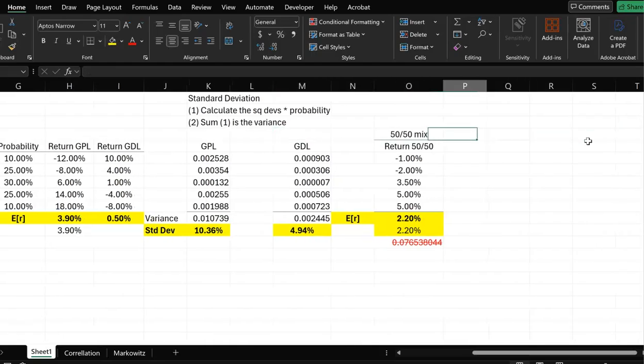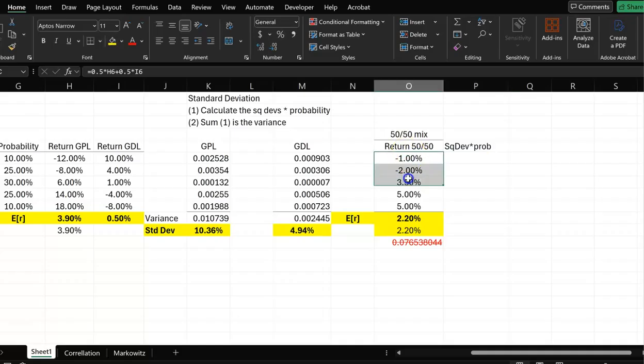I'm going to go through the exact same process that I did to find these standard deviations. I'm going to do that with the 50-50 portfolio. Right, so I'm going to do that here. I'm going to take the squared deviations times the probability, just like I did before. Now notice, here's my returns for the 50-50 mix.